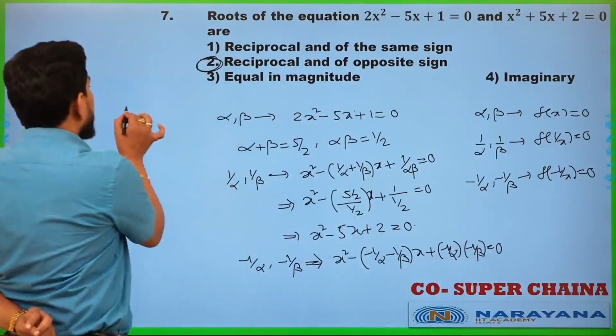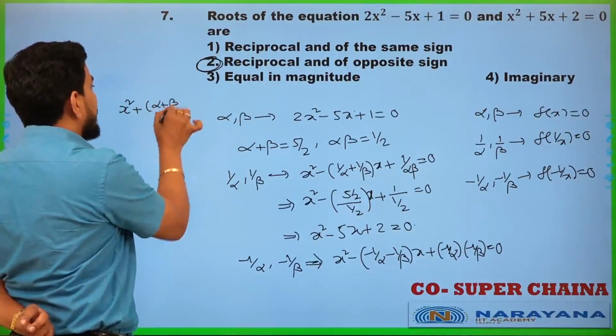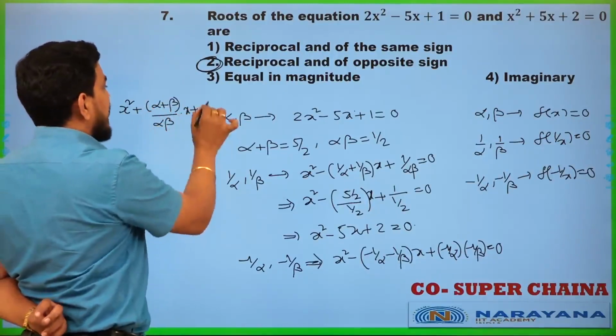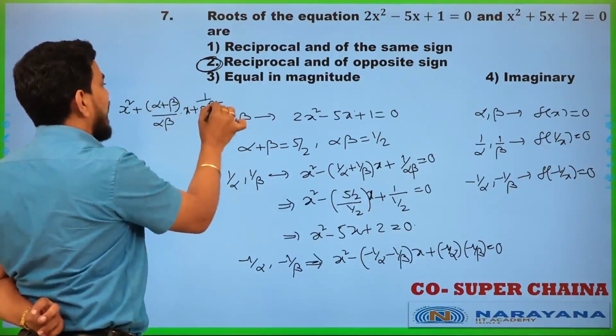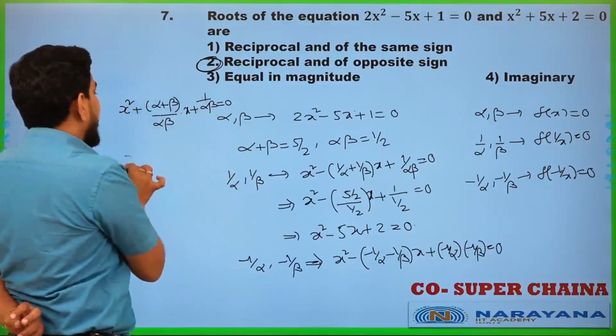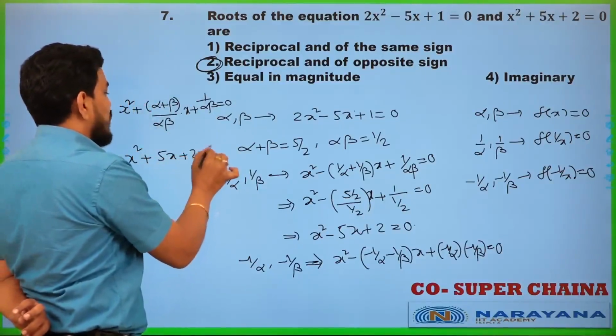So, that equation is going to be x square plus alpha plus beta by alpha beta into x plus 1 by alpha beta is equal to 0. So, straight away you will get x square plus 5x plus 2 is equal to 0.